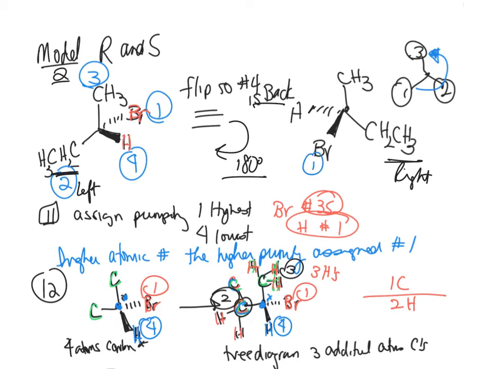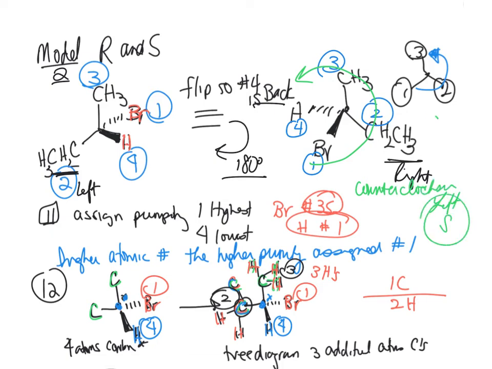This is 1, this is 4, this is the ethyl's 2, and the methyl's 3. And then we connect our 1, 2, 3. And so what is that? If you turn the steering wheel, that would be counterclockwise, or left, which is S. This is S. Okay?